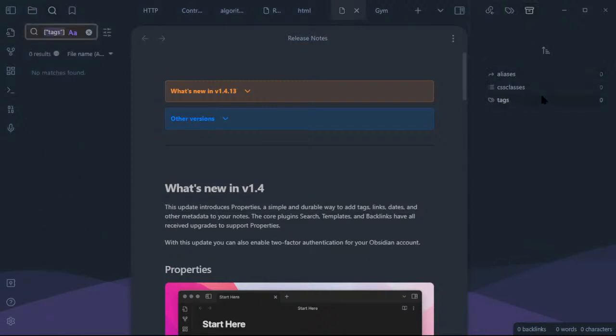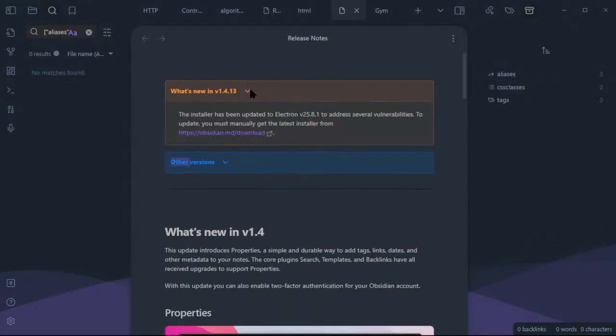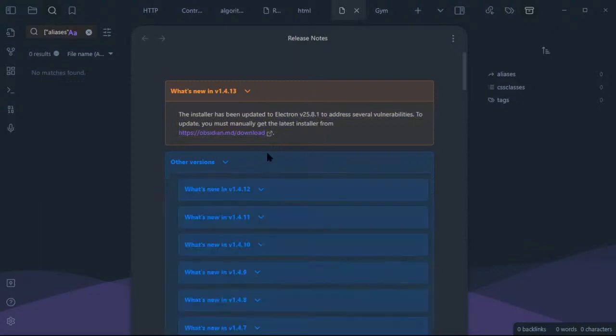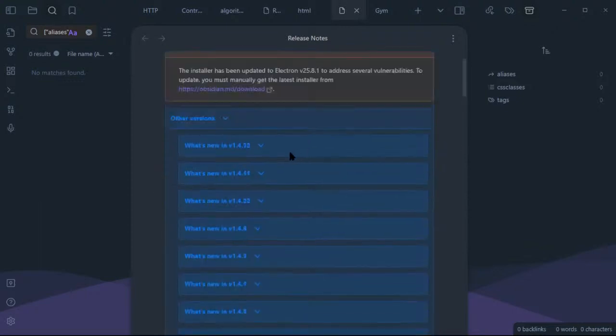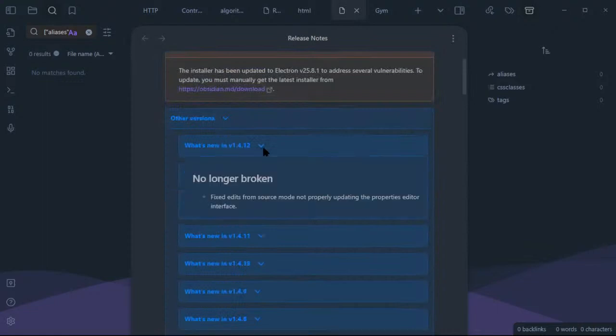What's going on? To electron V. What the frick? How are we on Obsidian 1.4?